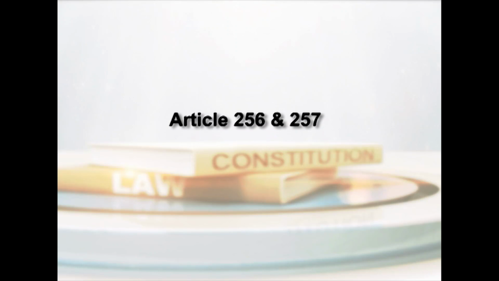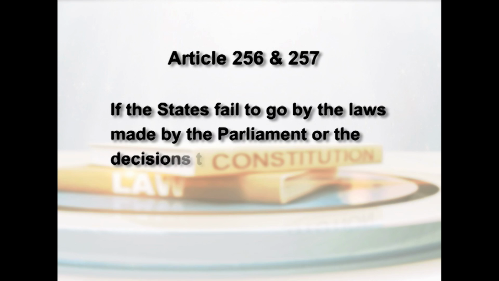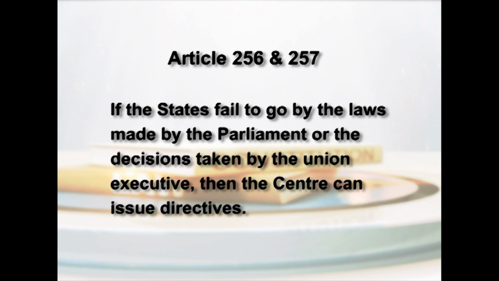If there is any sort of deviation, then in both the cases, the center can issue directives. In Article 256 and Article 257, it says that if there is any sort of deviation, that is, if the states fail to go by the decision of the center, that is, laws made by the parliament or the decision taken by the union executive, then the center can issue directives. Now, who gives directives to whom?